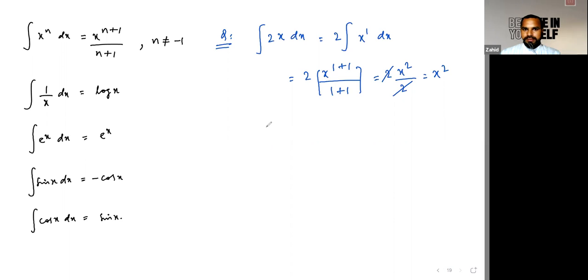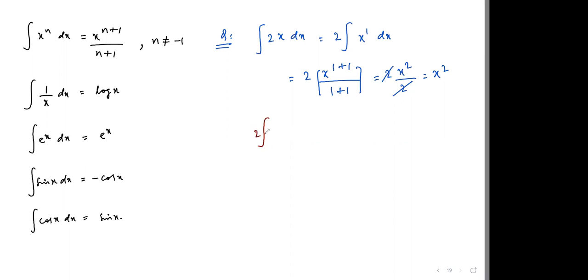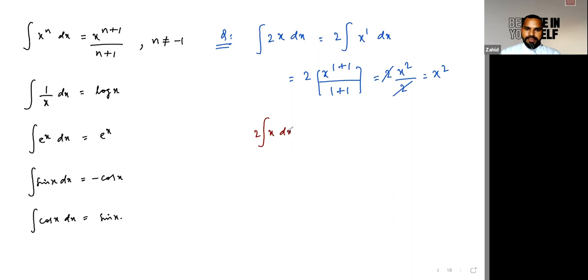But if you have to integrate using definite integration, it will be 2 times x dx, and if there is limit from 1 to 2, integration of this particular term would be x squared divided by 2. This 2 and this 2 would cancel out, so you will get x squared only.